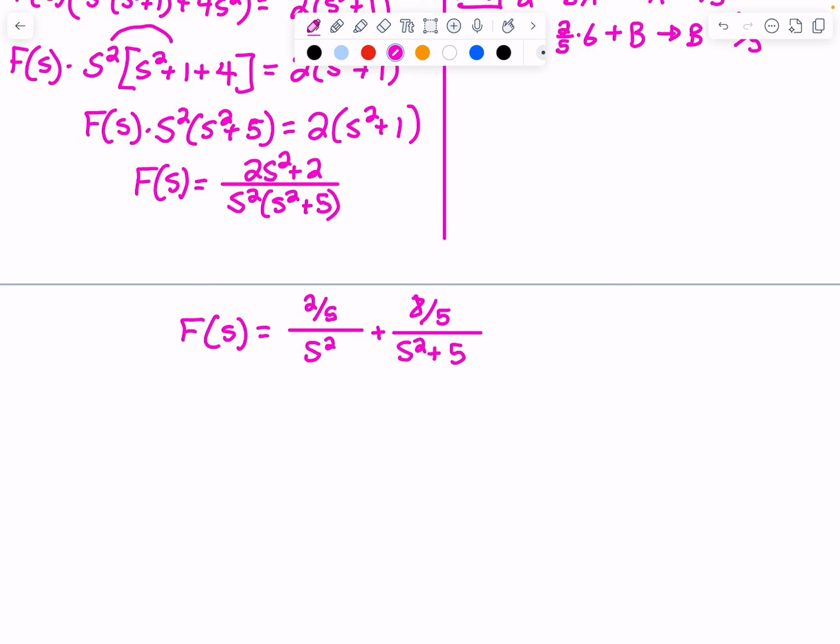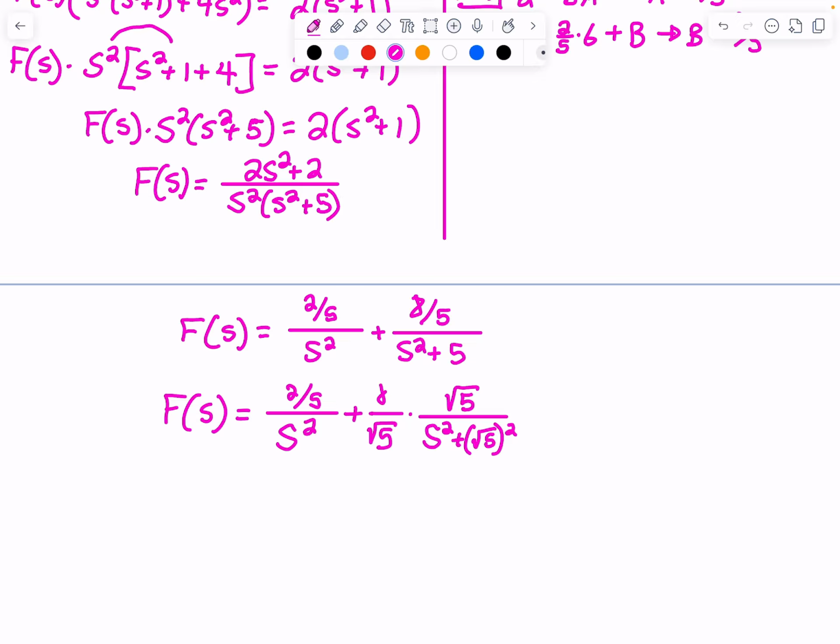So let's rewrite it. Capital F of s, nothing changes up front. And then I'm going to start rewriting this differently. We're going to do a fraction times this big fraction, s squared plus the square root of 5 squared. Remember, I had to have an s squared plus k squared, so I'm forcing what k is, and I'm going to put a square root of 5 here, and the square root of 5 here has to cancel, and then I have to retain that 8/5.